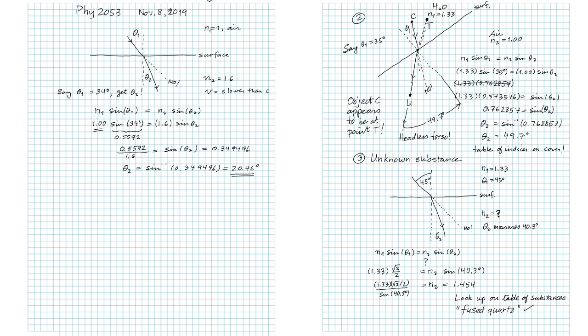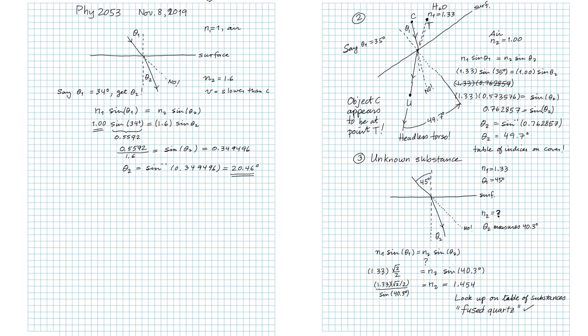Okay. And so let's see. So N2, let's get this N2 by itself. N2 is equal to this quotient, 1.33 times square root 2 over 2. That's the sine of 45. Divided by the sine of 40.3, which we have to use your calculator to look up.